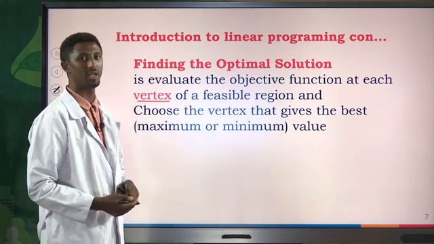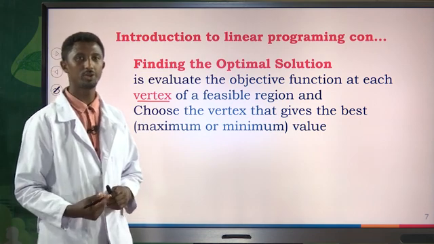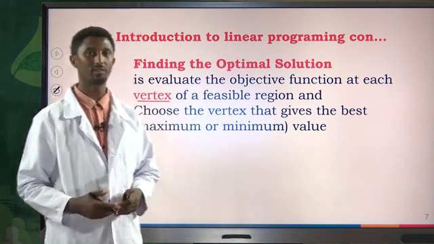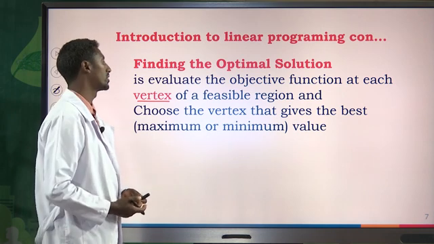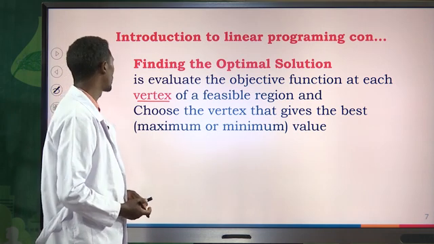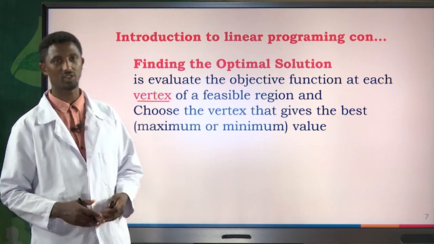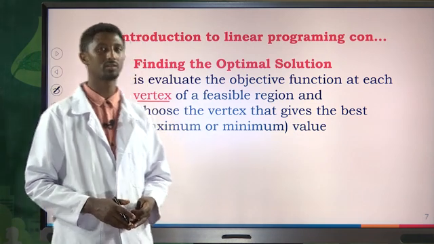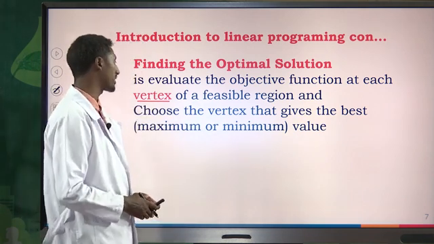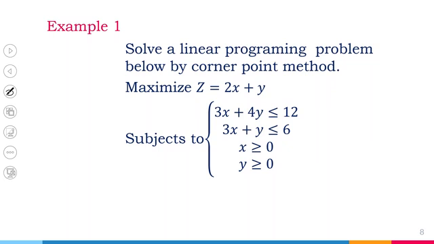If it is to find a minimum value, we'll choose the point that gives the minimum value from the given vertices. And if the function is about maximizing, we'll choose the point that maximizes the objective function. Now let's see how to find the optimal value or optimal solution.